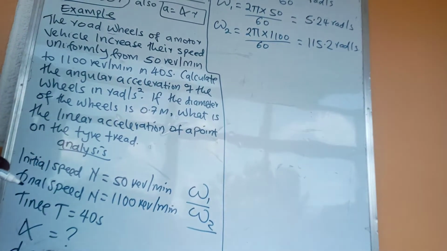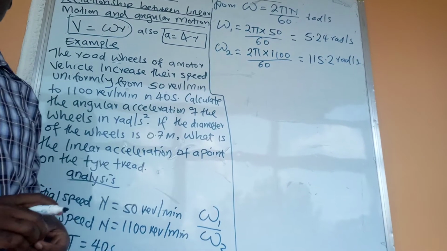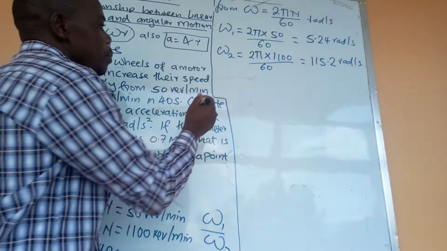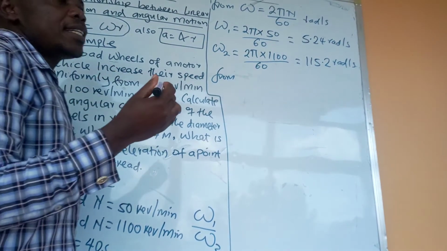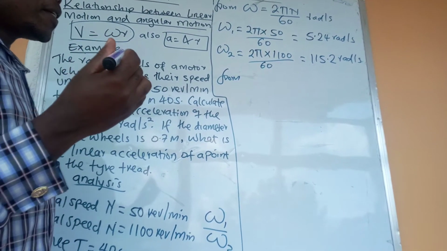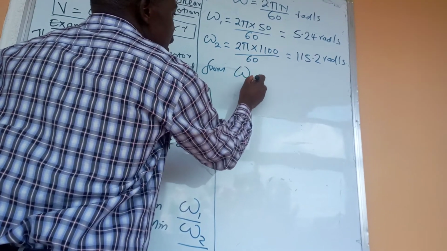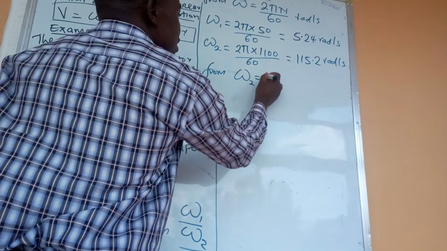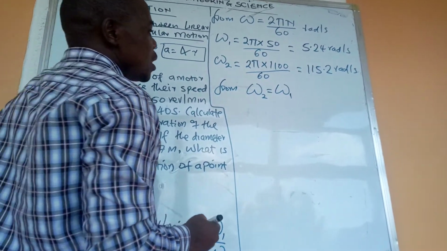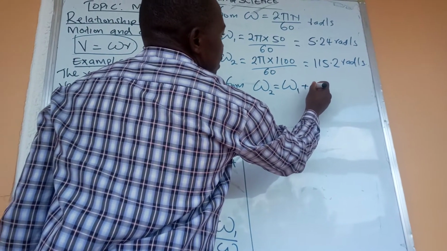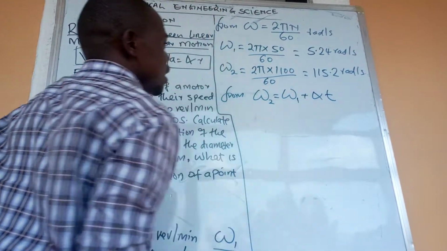Once you have established the initial and final angular velocities, you use the first angular equation of motion, where the final angular velocity omega 2 is always given by the initial angular velocity omega 1 plus angular acceleration multiplied by time t.